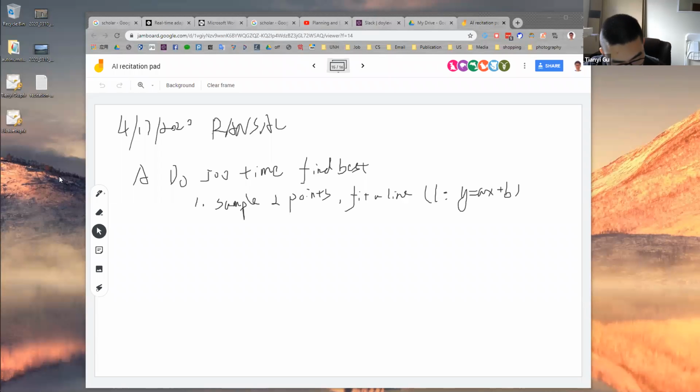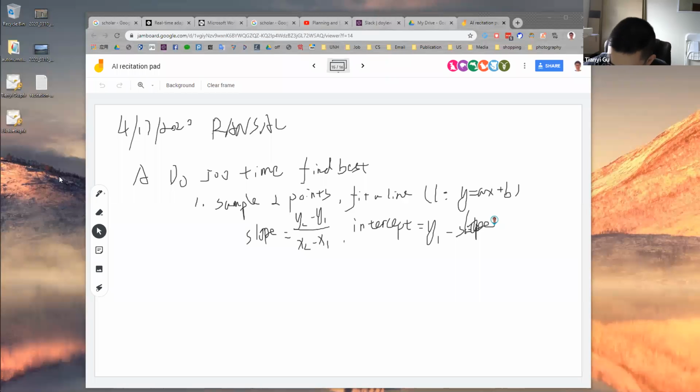This is done by computing the slope, which is y2 minus y1 divided by x2 minus x1, and the intercept, which is y1 minus the slope times x1. Is this clear?